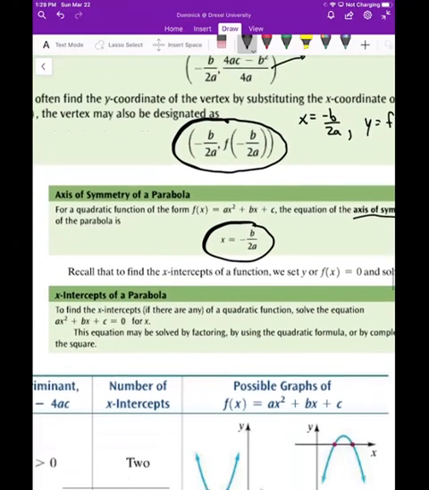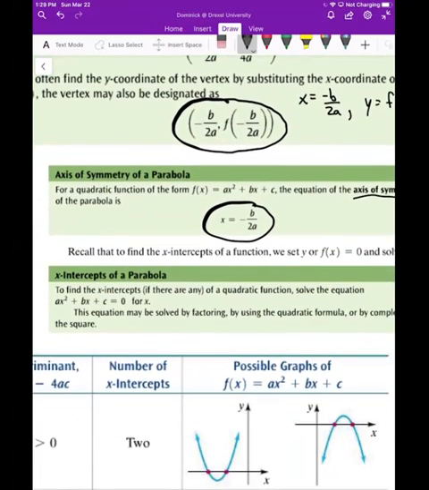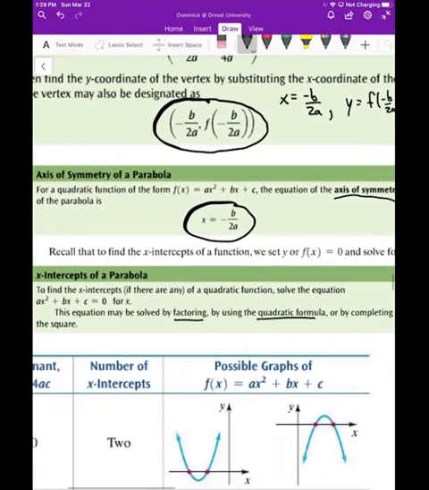All right. One more thing is in order to find the x-intercepts of a parabola, or in other words, where the parabola crosses the x-axis, you can solve the equation when it's equal to 0, which of course is something that we've done a bunch of times before. You can either use factoring, the quadratic formula, or completing the square as well.